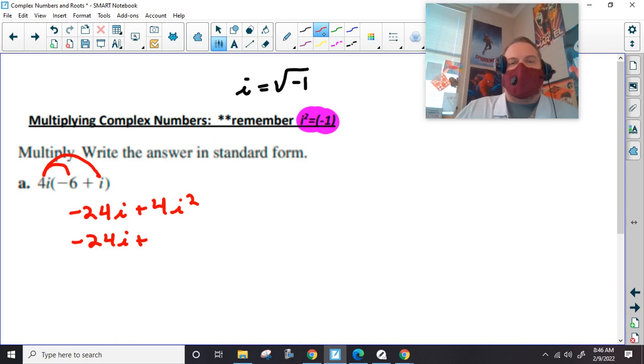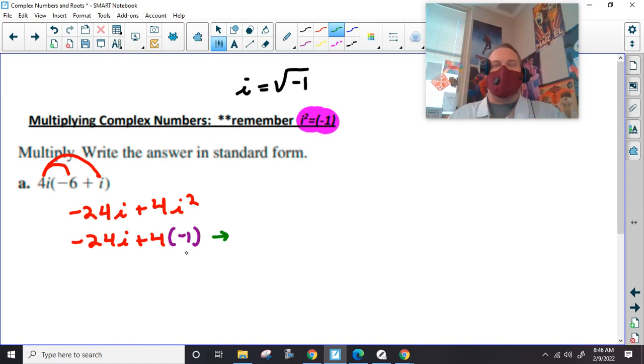Well, what did we just learn that i squared is? Negative 1. So this right here changes to negative 4. Now, this standard form right here, we've actually already covered it.